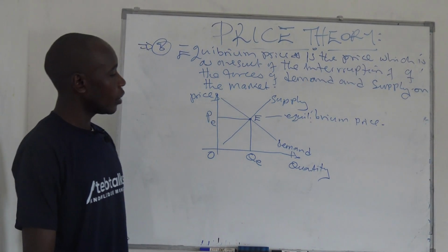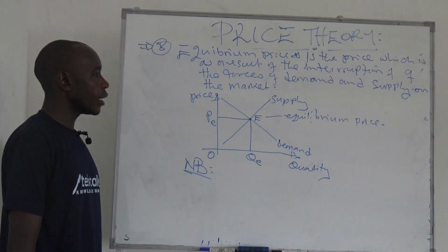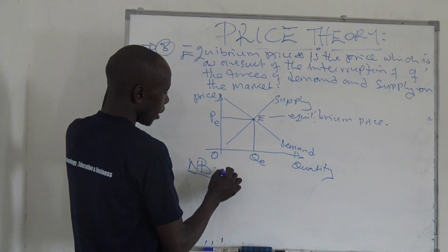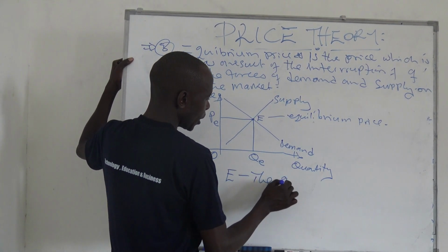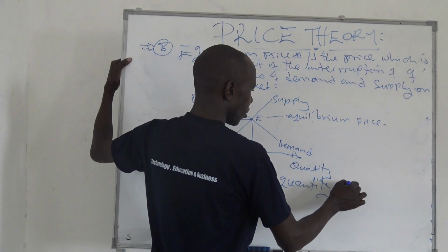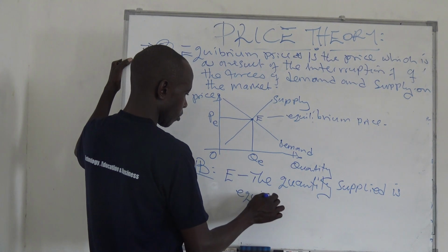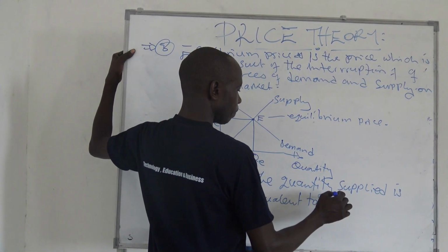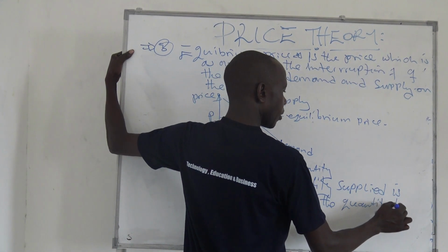Are we together? Now, what do we have to note under this? What we have to note importantly is that at that point E, the quantity supplied is equivalent to the quantity demanded.